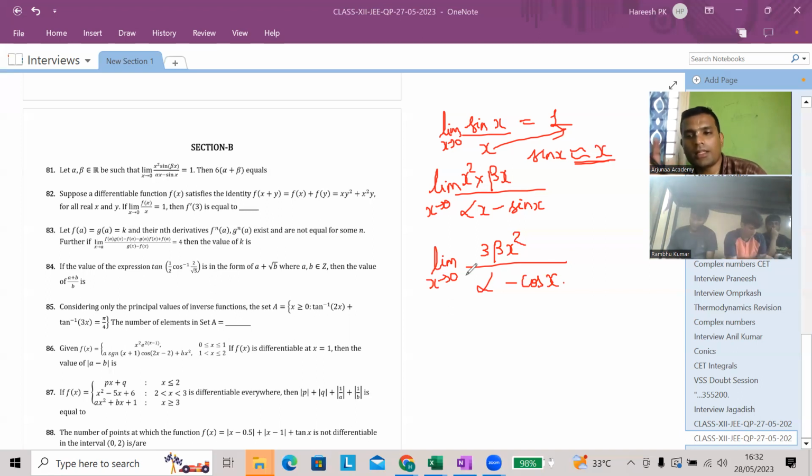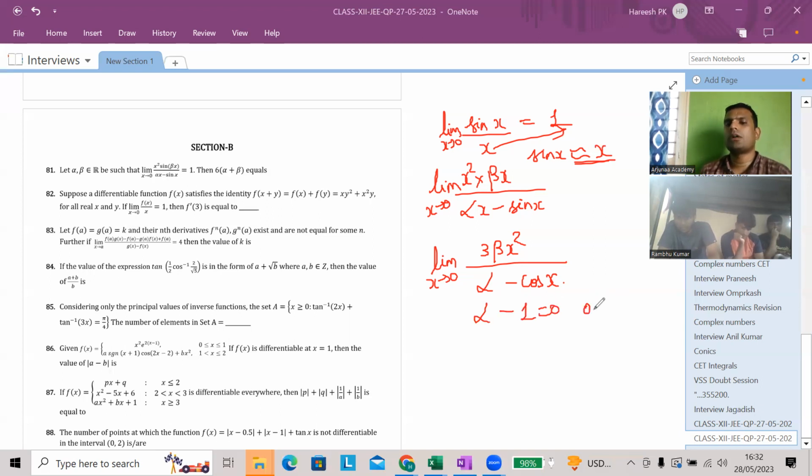Otherwise it becomes infinite. Or imagine only the numerator is 0 and the denominator is not 0, then how much does the limit become? 0. But if the limit should not be 0, if it's a finite value, when numerator is 0, denominator should also be 0. That is, alpha minus cos x, alpha minus 1 should be 0, so alpha should be 1. This is how I find the alpha value. Because numerator is 0, I should forcefully make the denominator 0. Understood?